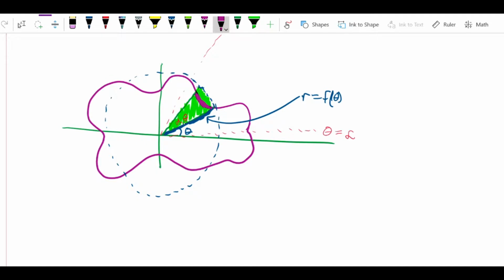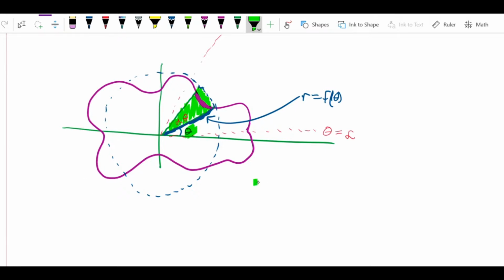Because I'm approximating the area inside the purple curve through the angle d theta as if it were really the sector of a circle, where I pick the radius by taking one arbitrary angle around the origin, which I'm calling theta. I plug that into the radius function. In other words, I calculate f of theta to get the radius, and then I pretend that I'm calculating the sector of a circle of that radius.